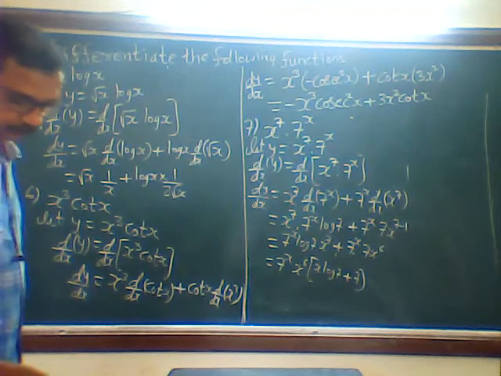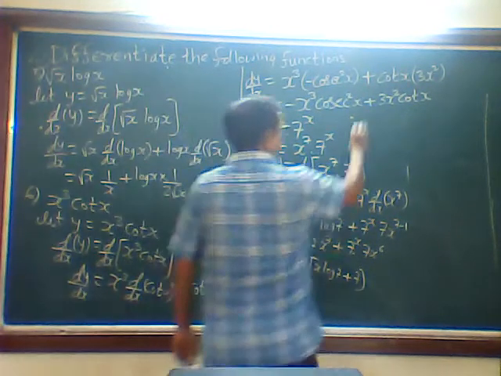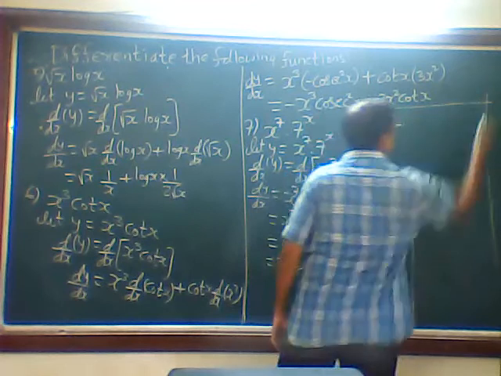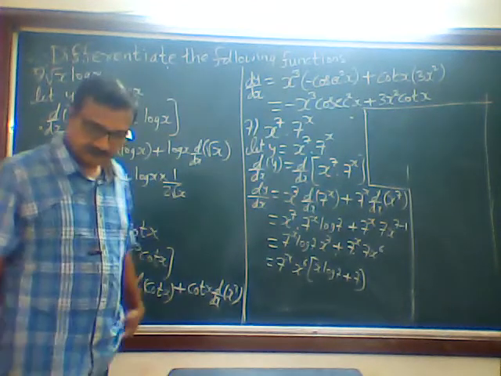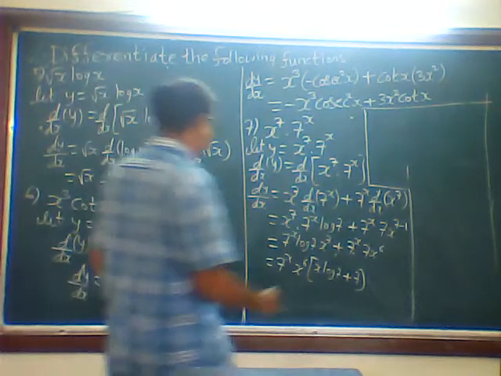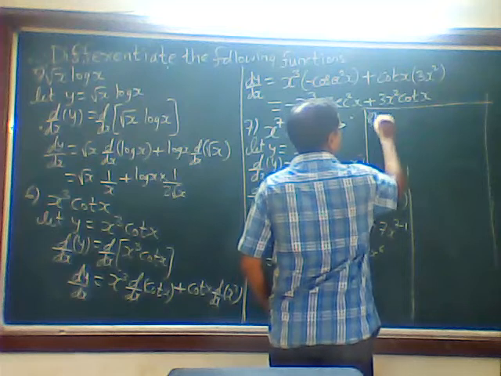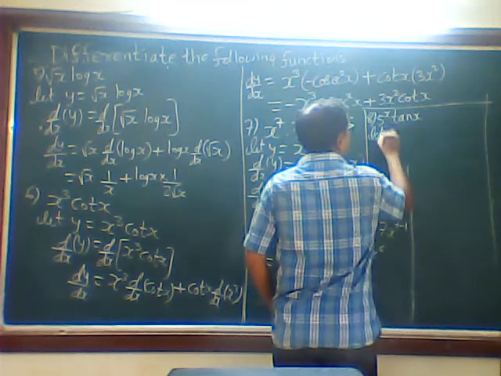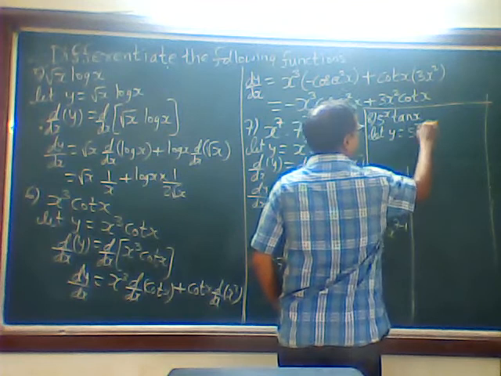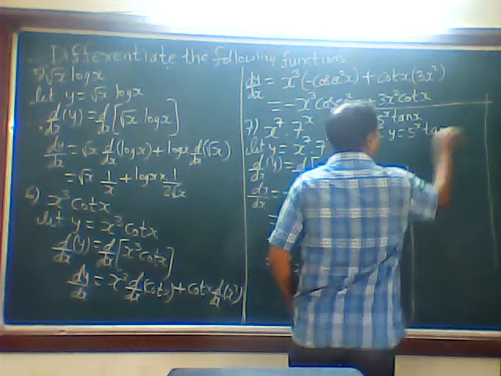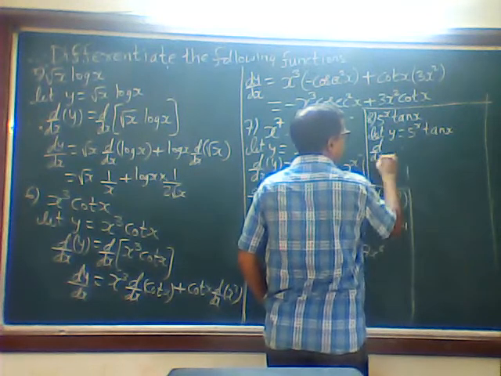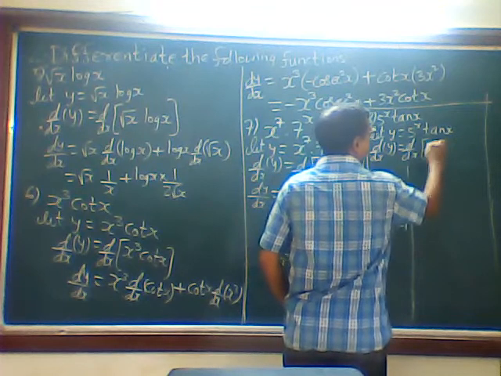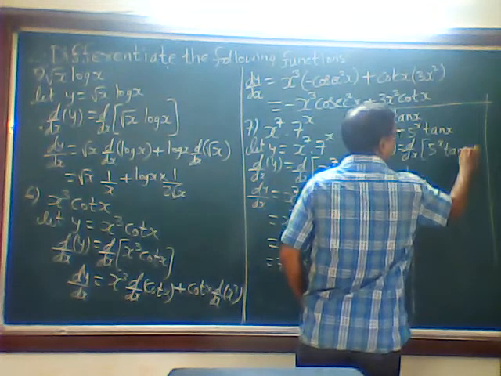I will try to do one more problem here, in this space. That is 5 raised to x into tan x. Let y is equal to 5 raised to x tan x. So d by dx of y is equal to d by dx of 5 raised to x tan x.